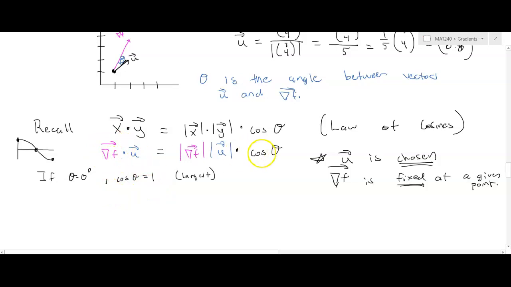And that means that if cosine theta is equal to 1, then we've maxed out this component, and so now the only thing that result is dependent upon is the size of the gradient and the size of that u vector. Now here's another cool part. This is equal to 1 because we've made it the unit vector.